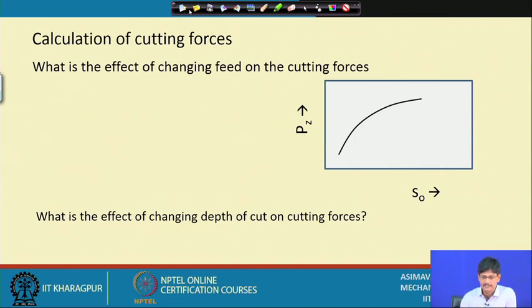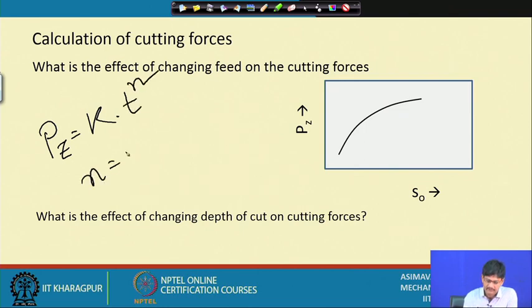Now, let us see the last part. What is the effect of changing depth of cut on cutting forces? If you change depth of cut, it will be found that if we express P z as equal to k into depth of cut to the power n, n will be roughly 1.